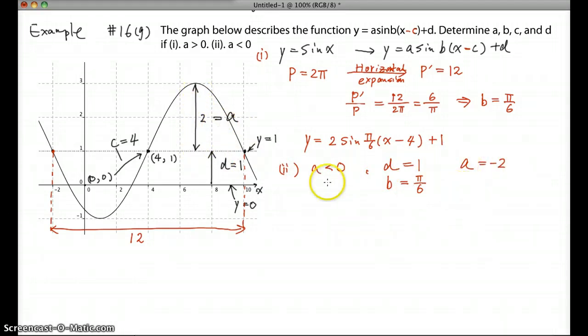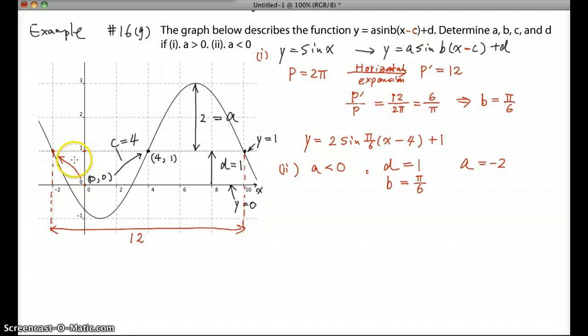And the only difference is about the C. Since it has a reflection, we count the starting point of the initial graph as this. This is the starting point, and for a standard y equals sine x, it should start from here, right? Of course, (0, 0) is here, but if you only look at it horizontally, you can see this point transformed to this point.